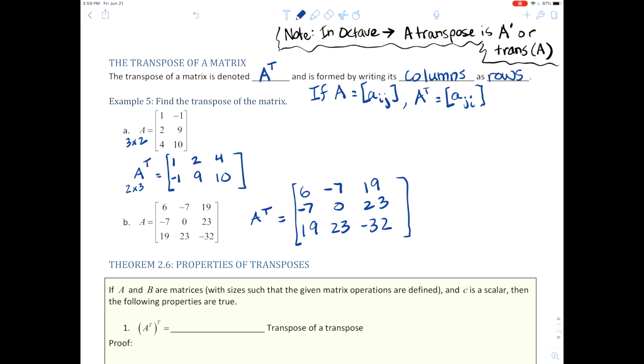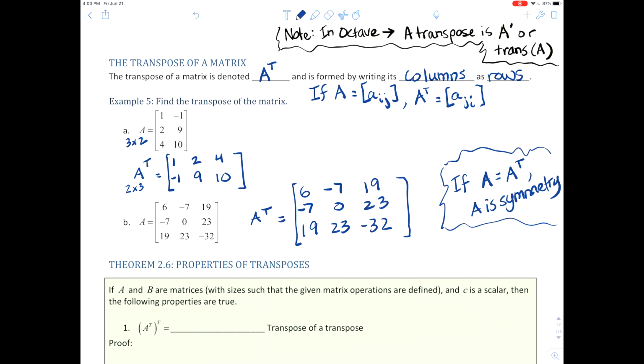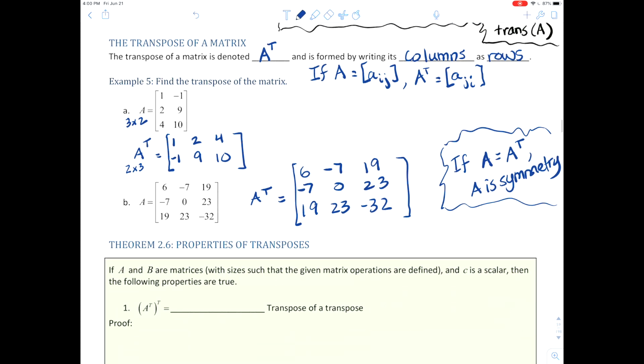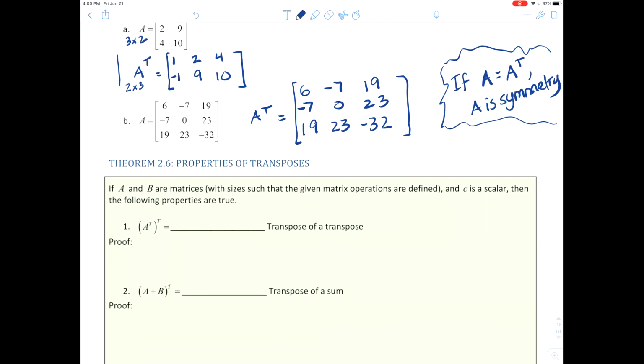Give you a tricky one. It turns out that if A equals A transpose, A is symmetric. We'll be looking more at symmetry of matrices later. Cool? Okay, so here we go. These were the answers.